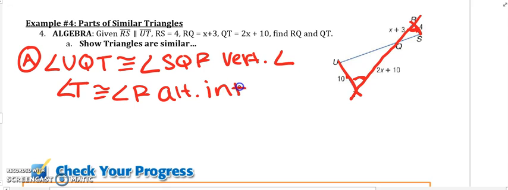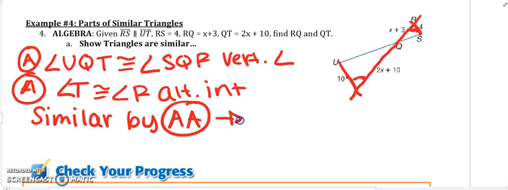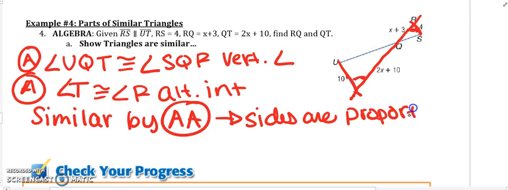So that gives us my second A. So the triangles are similar by AA, which means the sides are proportional. So now that I know they are similar, I can set up a proportion with the sides so that I can solve the problem it wants me to solve.